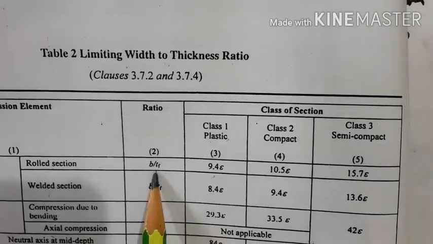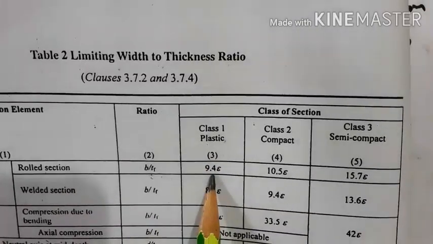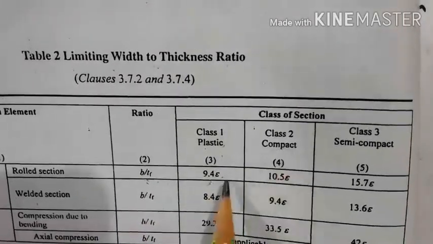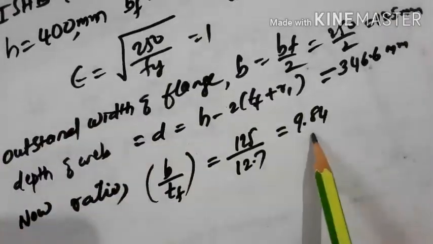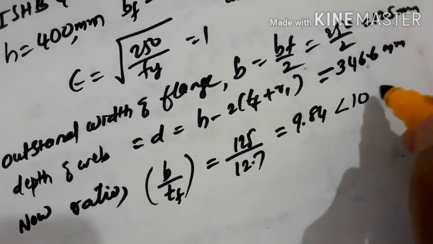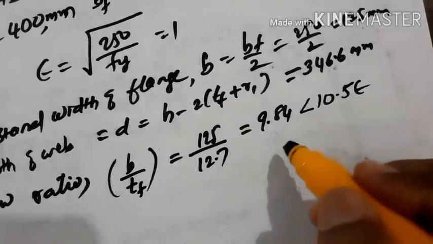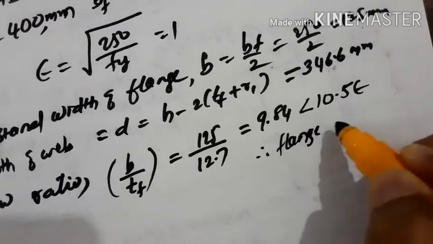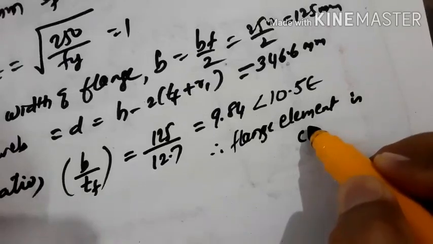B by TF I have taken, and class 1 is a plastic section, up to 9.4 epsilon is a plastic section, and if it crosses 9.4, that is more than 9.4 and less than 10.5, it is a compact section. In our case it has crossed 9.4, hence I can write which is less than 10.5 epsilon. So 10.5 epsilon means it is a compact section. Therefore flange element is compact.